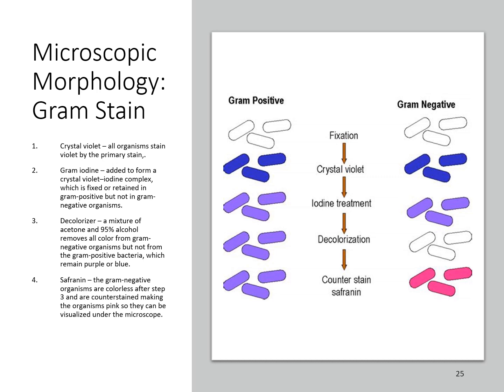Once you've got that fixation from the iodine treatment, you rinse that off, and then you'll use a decolorizer, which is a cocktail of acetone and alcohol. What this does is take off that color. Your gram-positive is able to hold it within the cell wall, whereas your gram-negative will rinse off.